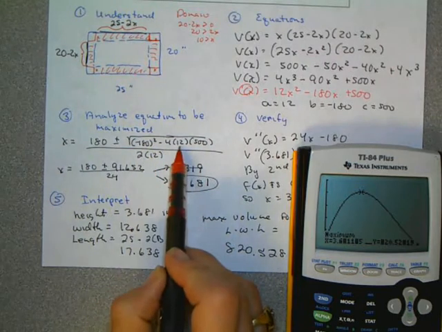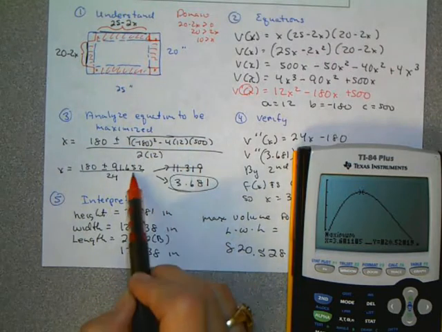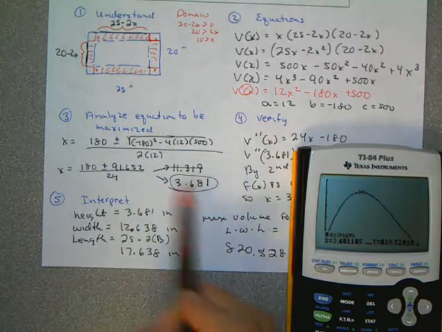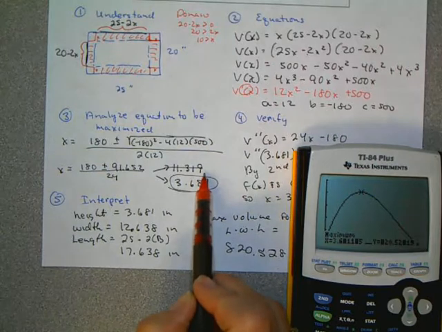Well, when you put this in the calculator and square root it, you get 91.652. So if you take 180 plus that, and then divide by 24, we get 11.319. Nice, but not in our domain.